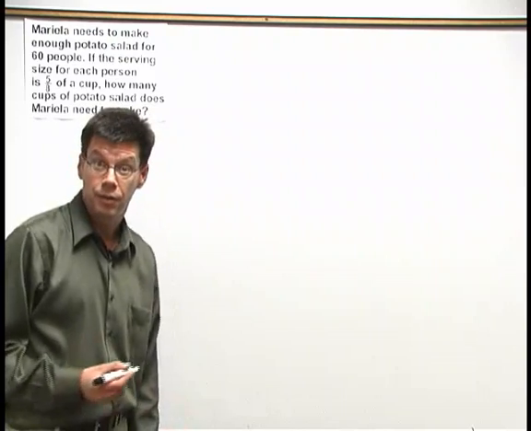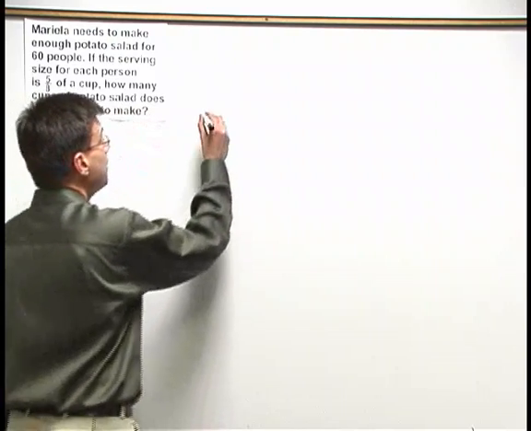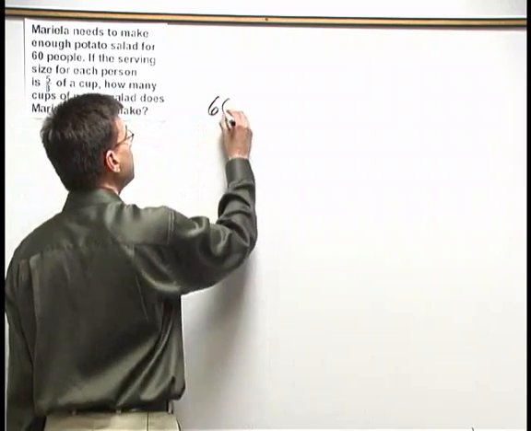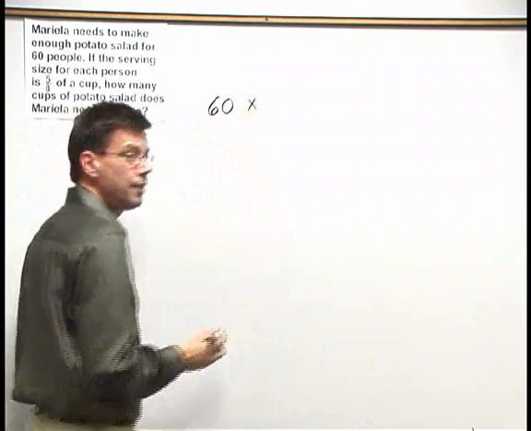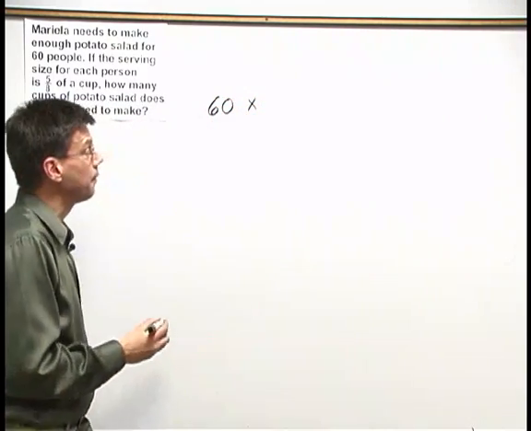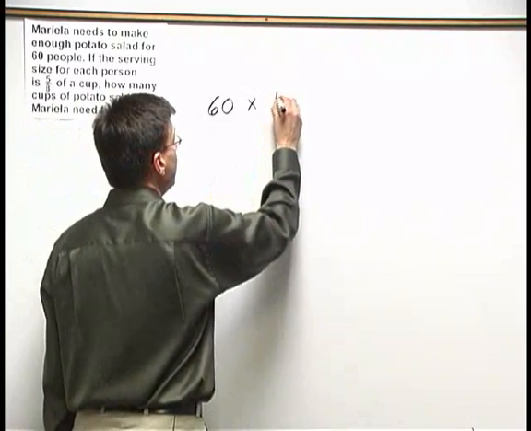We can just take the total number of bowls, 60, times the size of each serving, which is 5/8 of a cup.